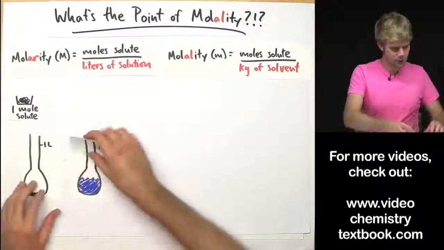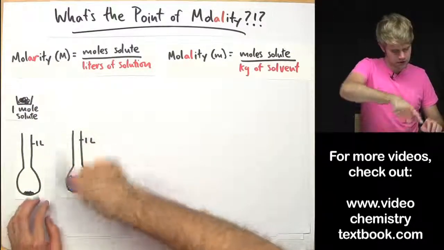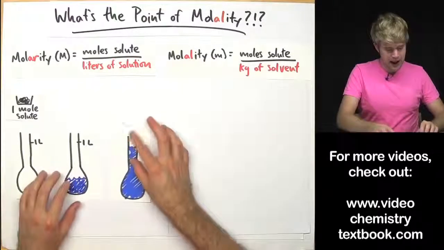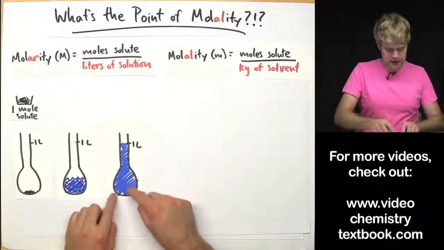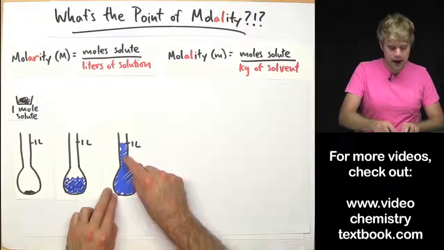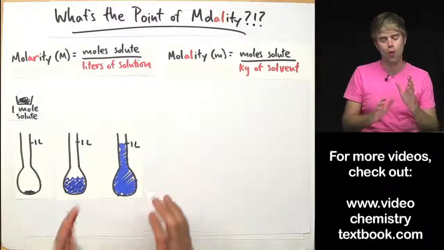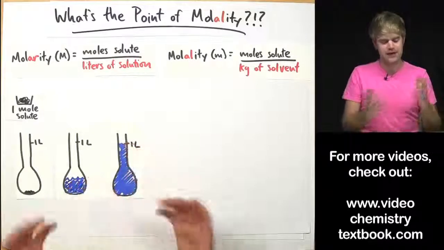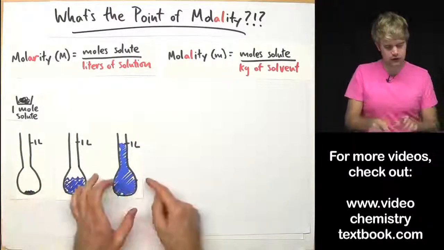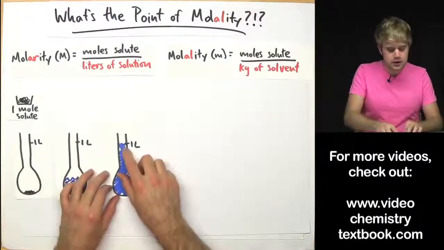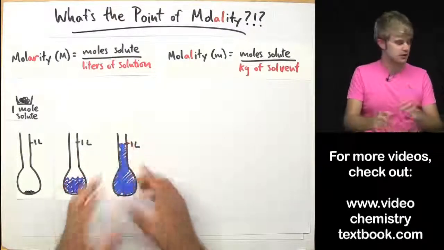Then I'll add a little bit of water to dissolve the solute, and swish it around until it's dissolved. And then I will very carefully add additional water and fill it up to this line right here until it's exactly 1 liter. That can be kind of a pain because you have to have a good flask, and you mix it together, and then you still have to add water to bring it up to the line.